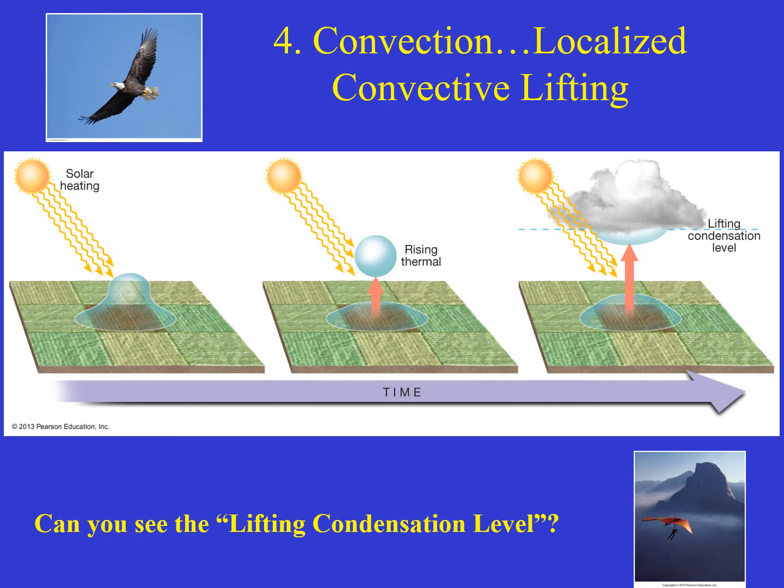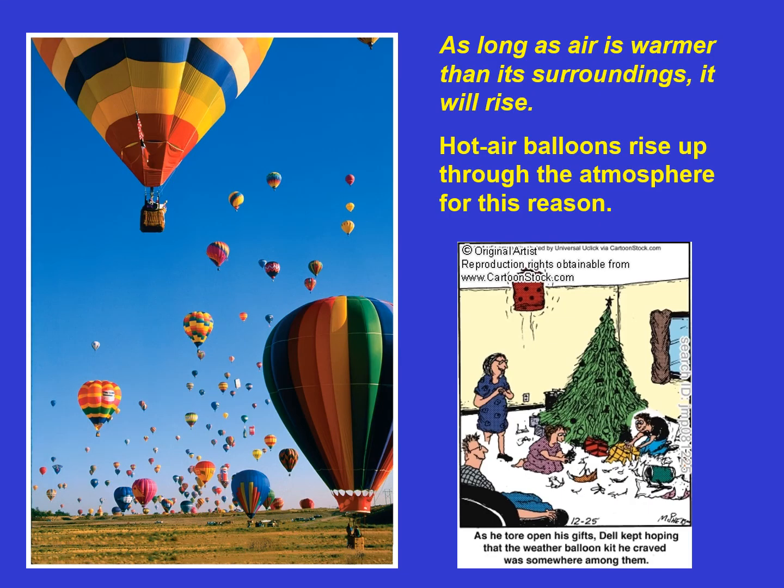And then that pocket of air is warmer than what's around it, so it's simply going to rise, it's going to expand, notice the bubble getting bigger, it's going to cool adiabatically, you're going to get condensation, and you're going to build a cloud. So this is localized convective lifting. So as long as air is warmer than its surroundings, it will rise, just like a hot air balloon.